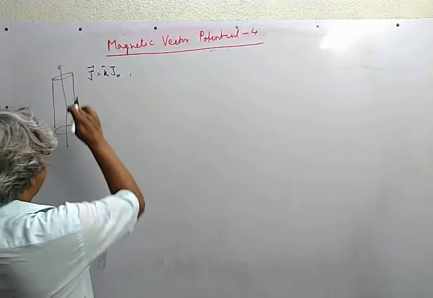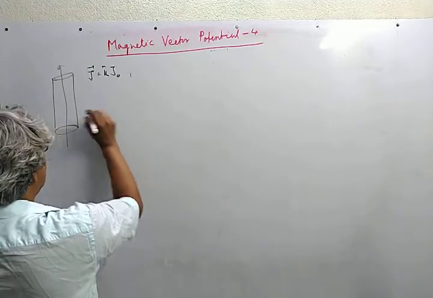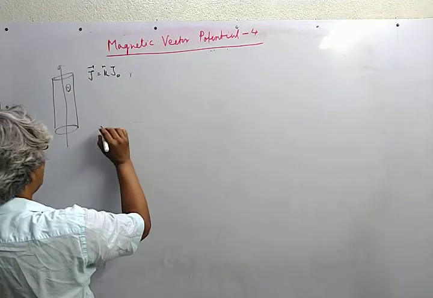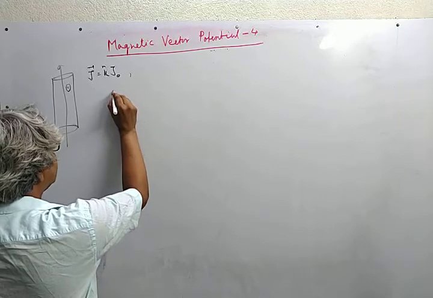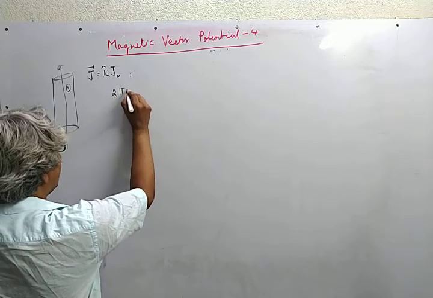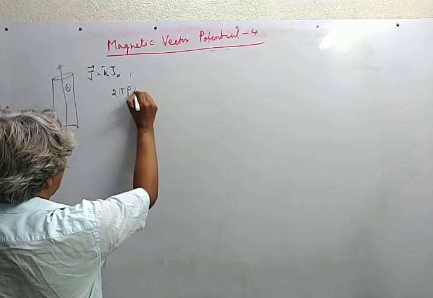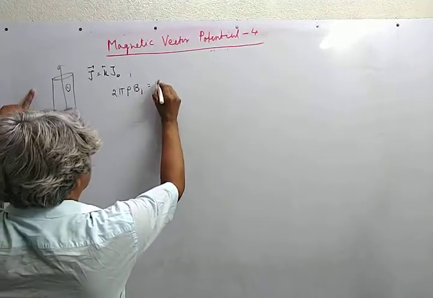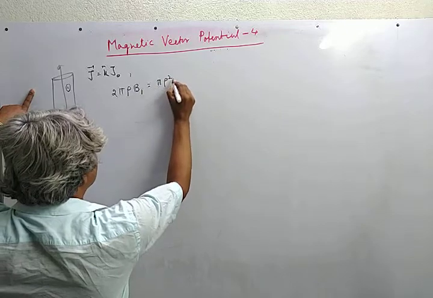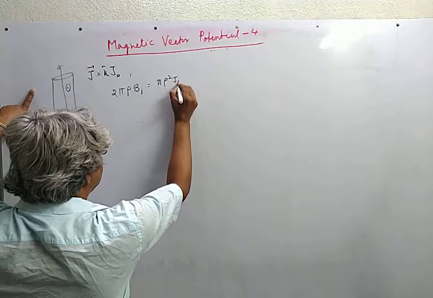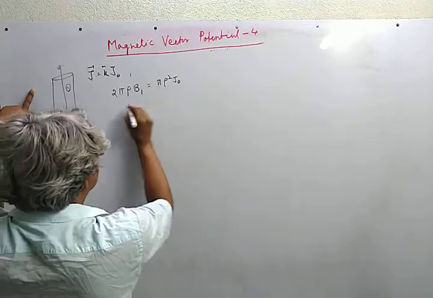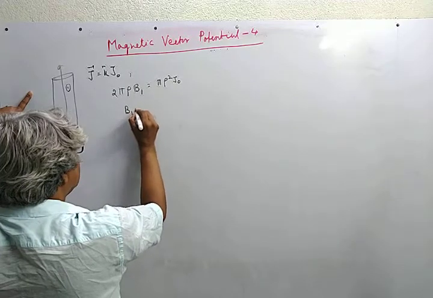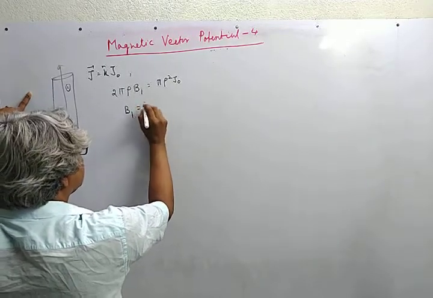If we apply Ampere's circuital law to the internal region 1, the field is given by 2 pi rho B1 equal to mu 0 pi rho square J0.